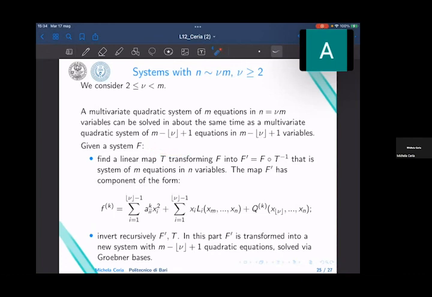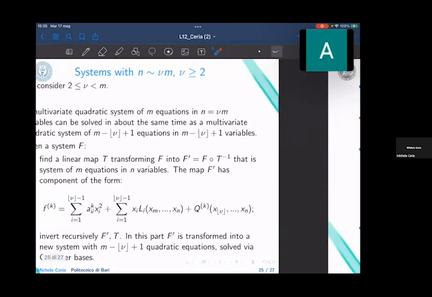Given the system, you find a linear map that transforms it into a new form: a system of m equations and n variables with components of this form. L stands for linear, and this part is quadratic, for example. You then invert F prime and T, actually using pieces of the system to find variables one at a time. In this inversion part, F prime is transformed into a new system with this number of quadratic equations that can be solved, for example, with the Gröbner basis method.